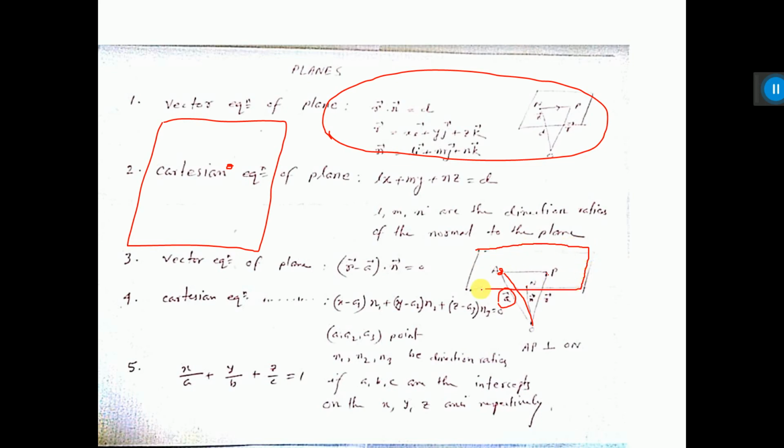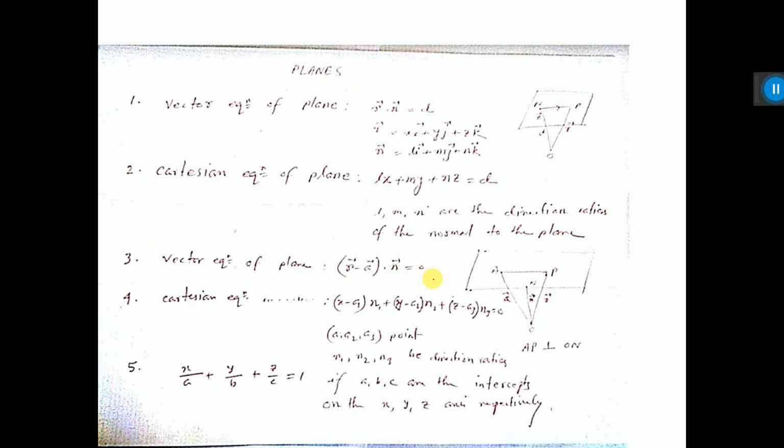The plane is passing through a particular point. What is that point? A, its position vector a is given. That is the vector equation of plane. It will be r minus a, that is r vector minus a, dot n equal to 0, where n is the normal to the plane. Normal means, what is the meaning of normal?